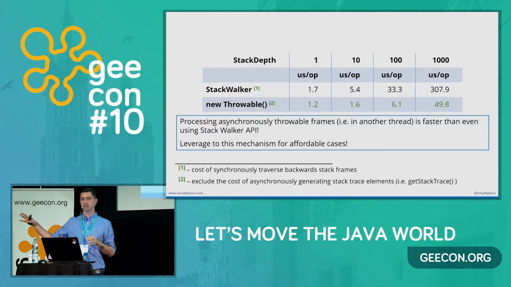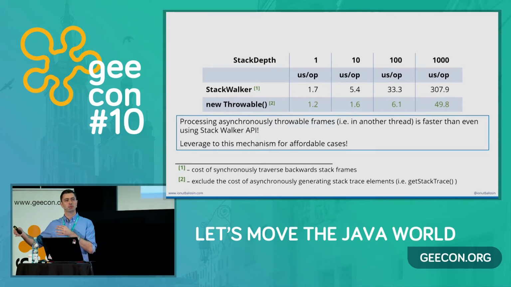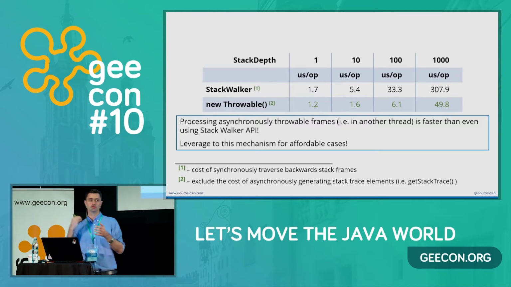Of course, I didn't include the cost of inspecting the Throwable instance, because suppose if you have such a context of a high performance application and if you can afford to just create, throw it and process it asynchronously, it's much faster than even using the StackWalker API. And probably this is another tip that you can take away out of this talk. And if it is affordable, why not refactor and use it in your code?